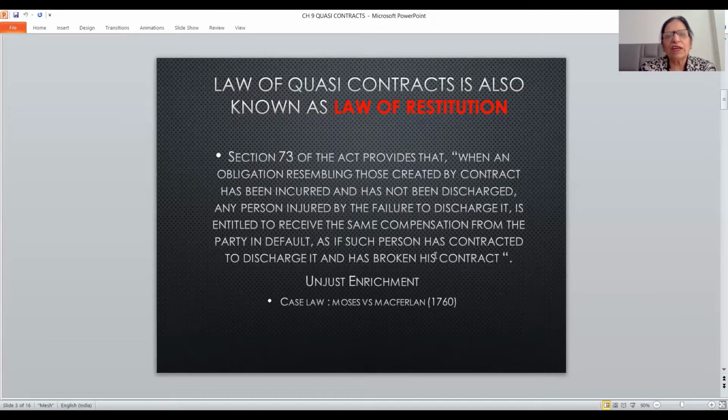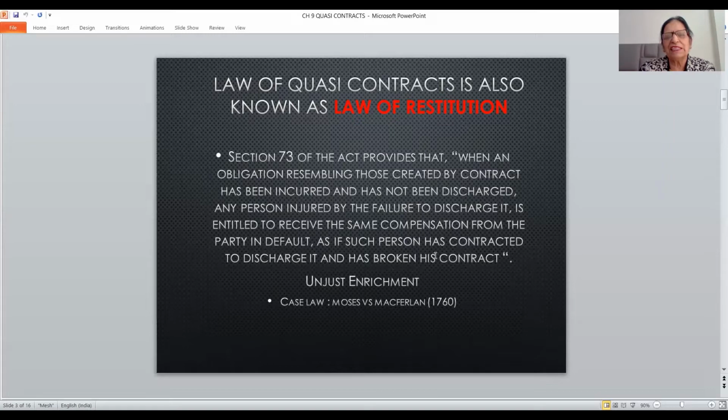Now, quasi contracts are based upon the principle of unjust enrichment, which provides nobody is allowed to enrich himself at the expense of another. Meaning thereby, if any person has derived any benefit under the agreement, under this obligation, then it becomes his duty.